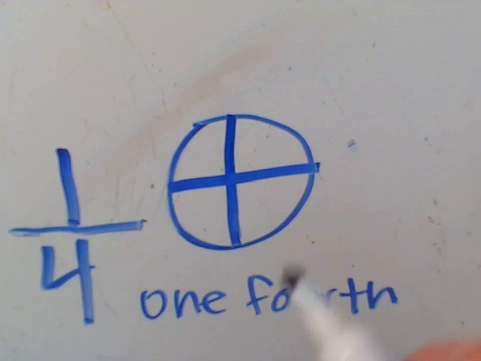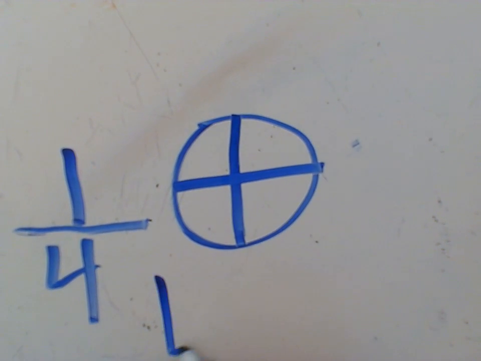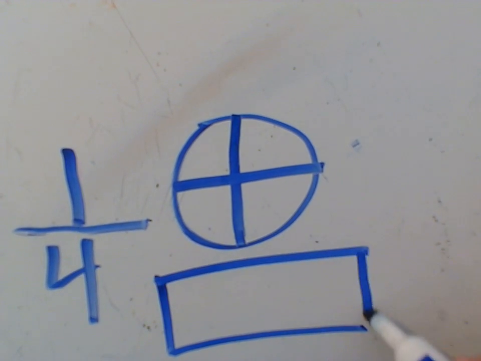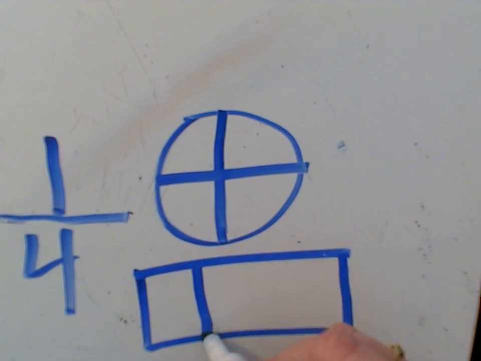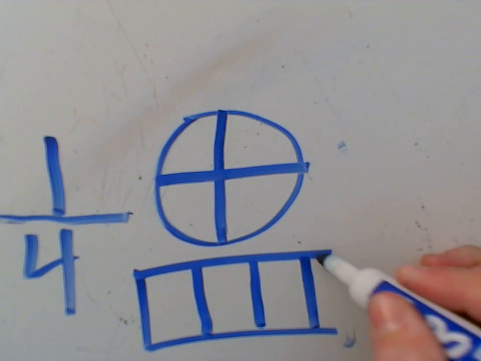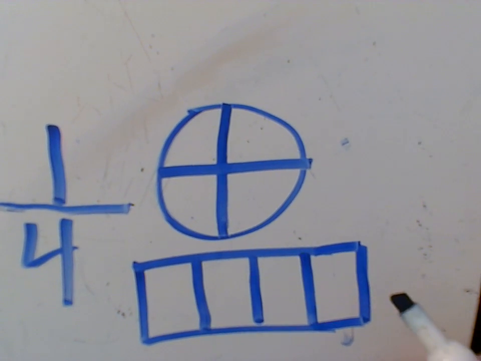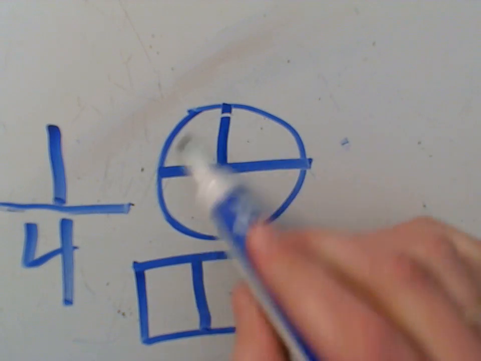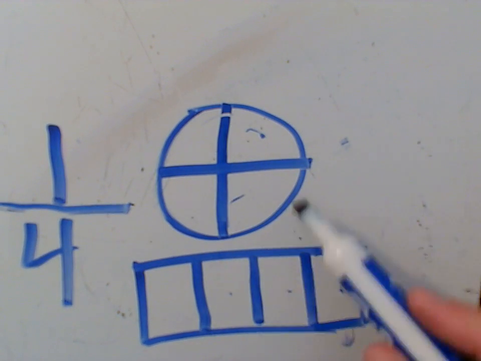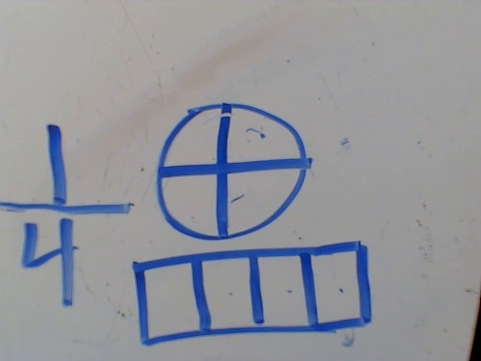So here I go. I have our 4 equal parts now. I could also show my 4 equal parts in a rectangle. 1, 2, 3, and 4. So here are 4 equal parts, and here are 4 equal parts. See how you can use them in different shapes? So how could I show 1/4?